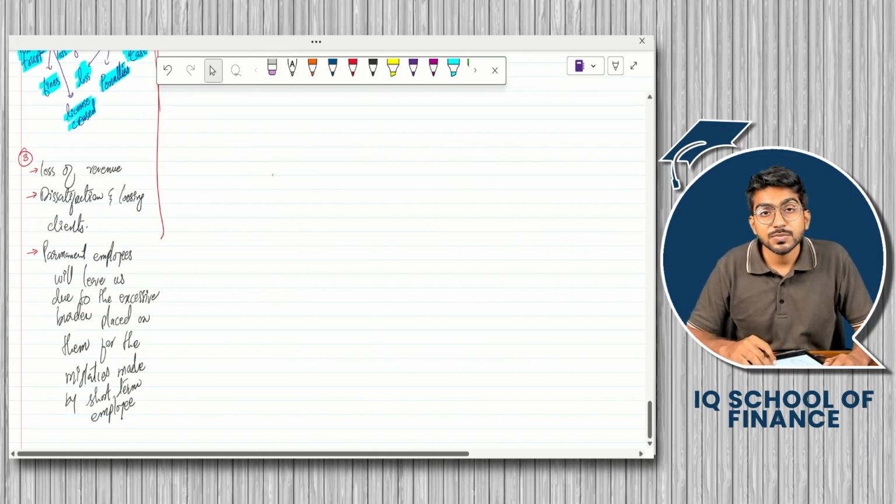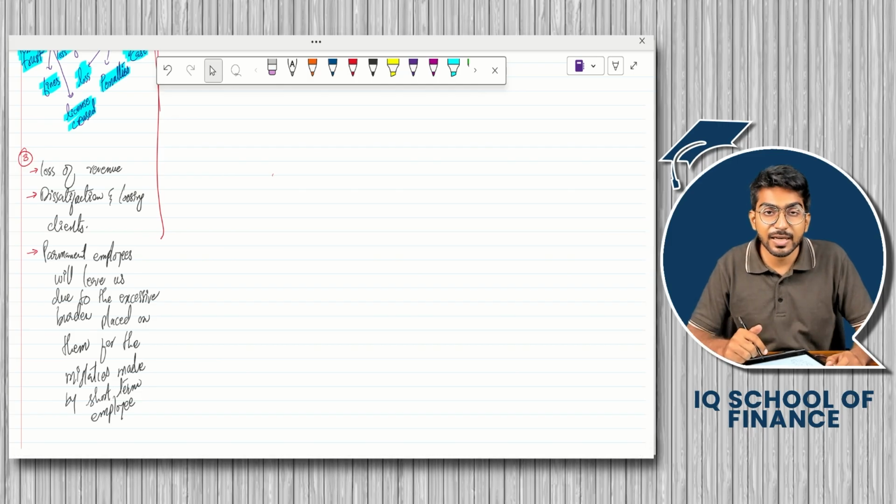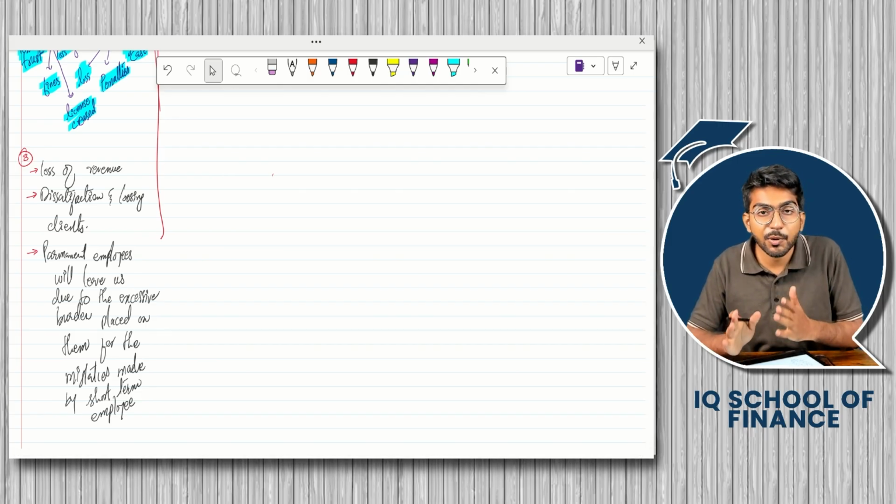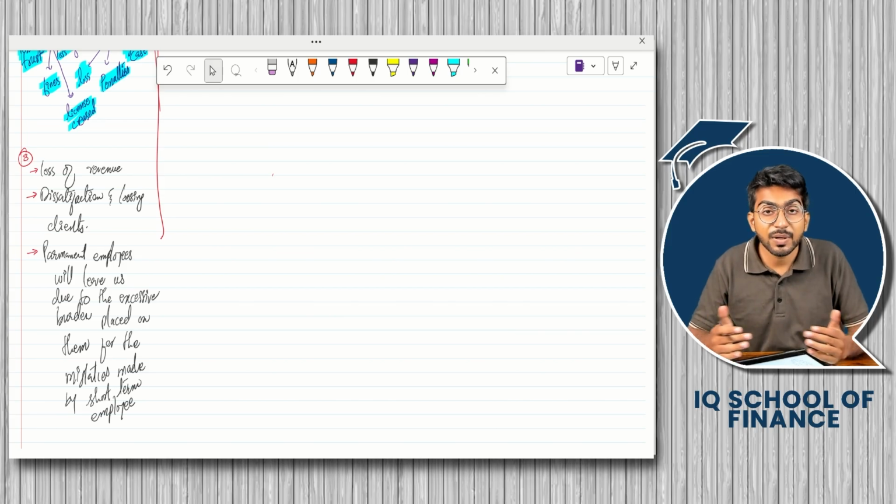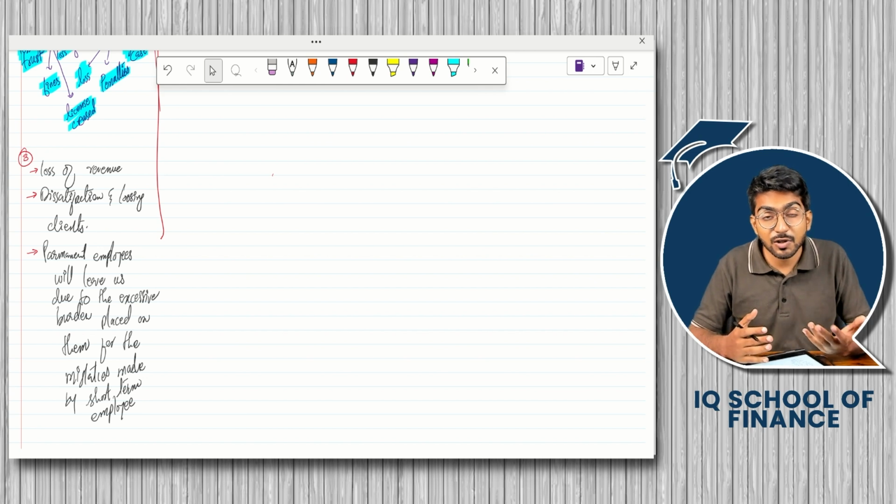So how can we mitigate it? The simple way to mitigate is to not appoint short-term employees. Then, sir, how are we going to bridge the gap in the requirement of employees? So you have to somehow motivate your employees. You have to do CSR activities so that your staff turnover ratio decreases and efficiency increases.